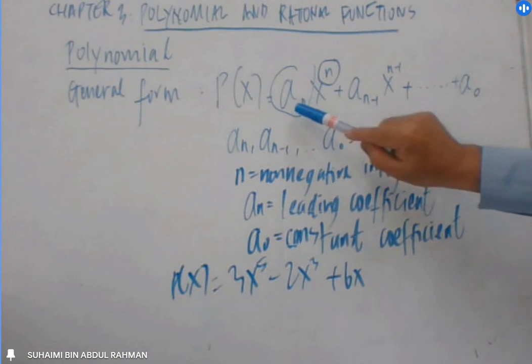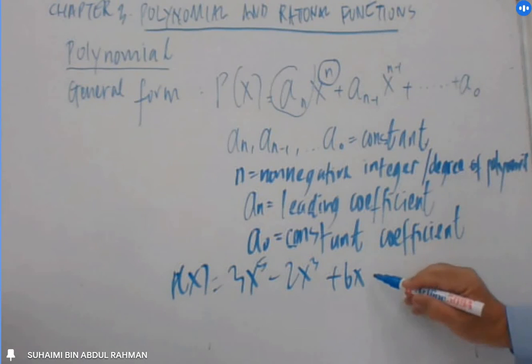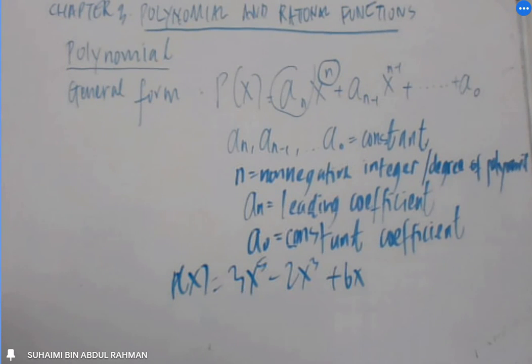It is 0, because it is like a plus 0 here, but we did not write it. So 0 is the constant coefficient.